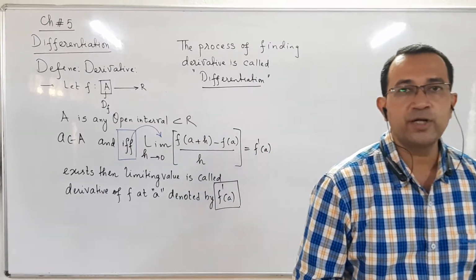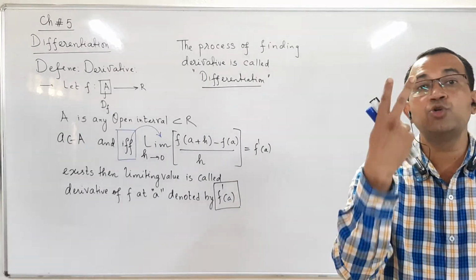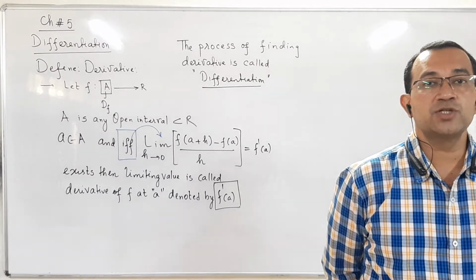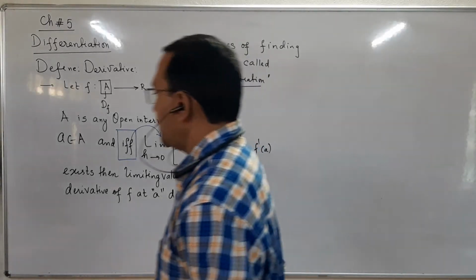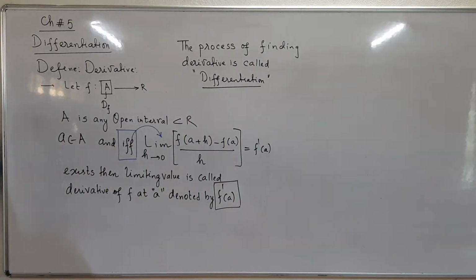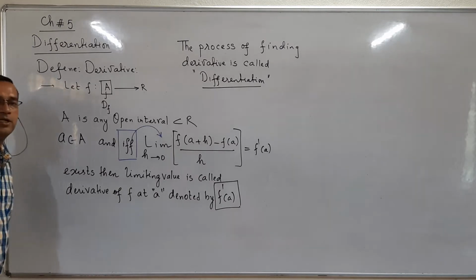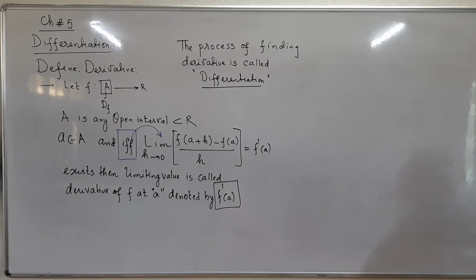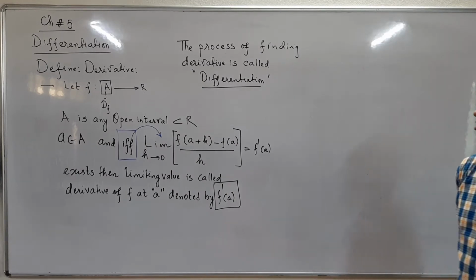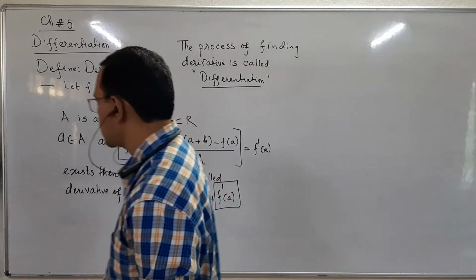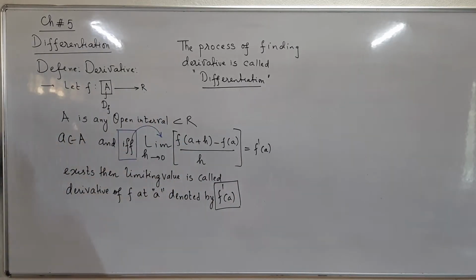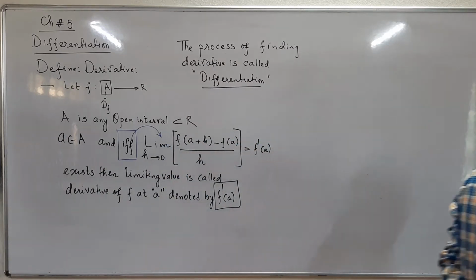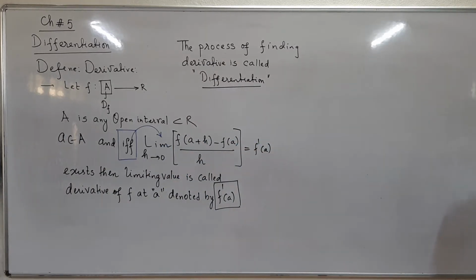Once again, both these definitions. For exercise 5.1, we have only two definitions and two formulas. So I am revising the definition once again. Let f be a function defined from A to R. A is the domain, A is any open interval subset of R. Small a belongs to capital A, and if limit h tends to 0, f of a plus h minus f of a upon h exists, then the limiting value, the answer of the limit, is called the derivative of f at the value a, which is denoted by f dash of a.